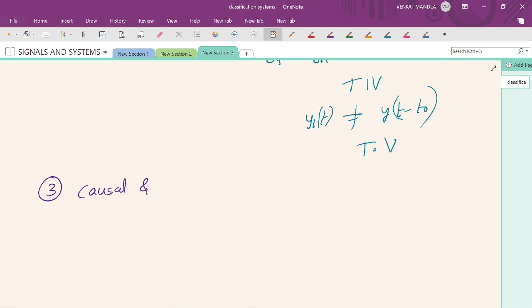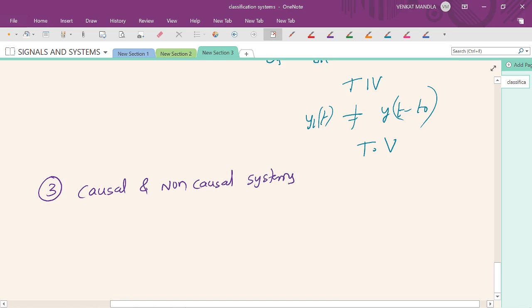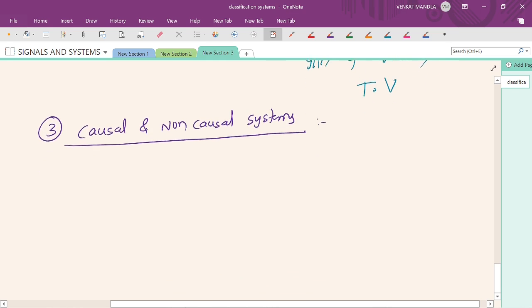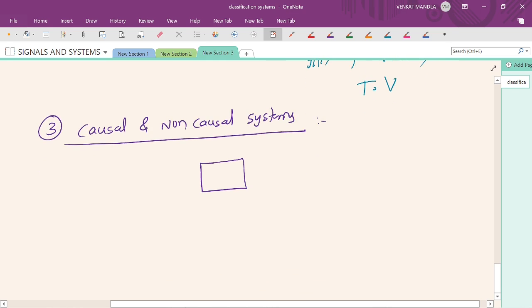Next, causal and non-causal systems. Suppose this is the system, x of t is the input, y of t is the output.